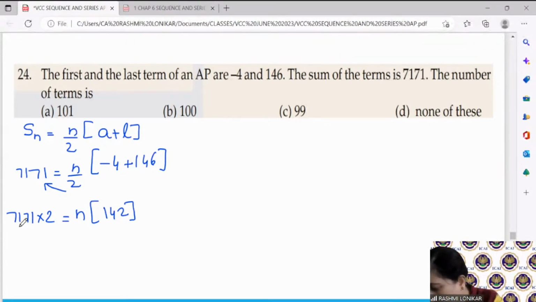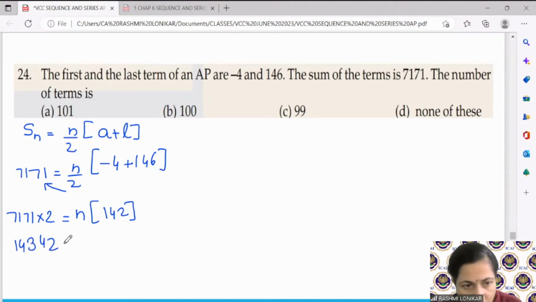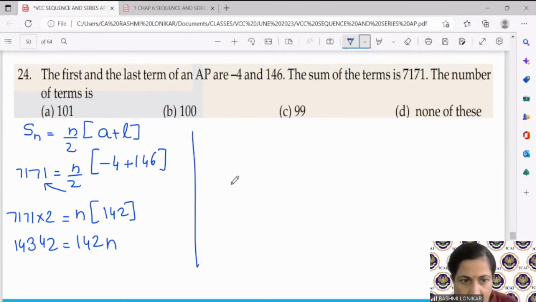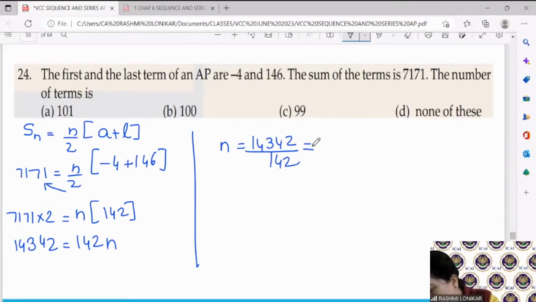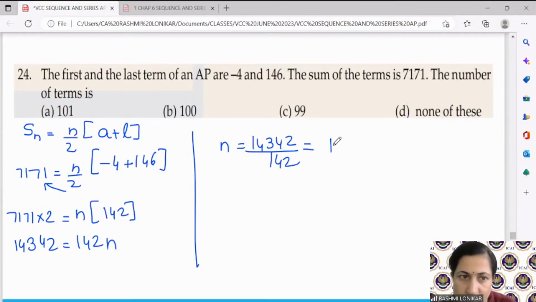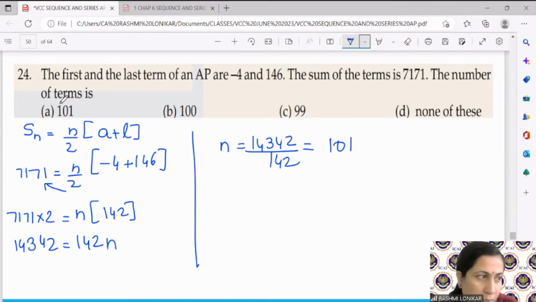It is 14342, equal to 142n. So n is equal to 14342 divided by 142. The answer is 101. So A will be the correct answer.